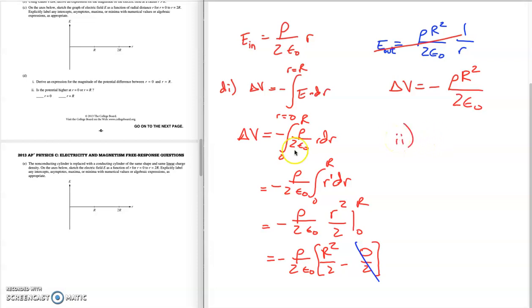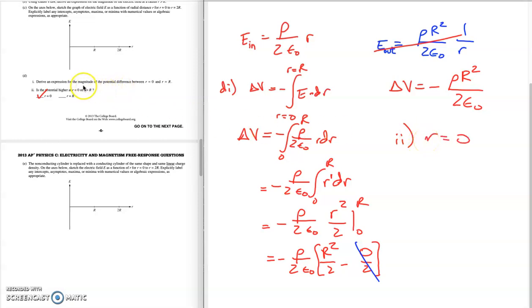Which is relevant in part 2, where they ask which place is at a higher potential, r equals 0 or little r equals the big R. Well, since we have a negative here, and we were moving from 0 to R, this indicates that we went downhill. So since we went downhill, r equals 0 is at a higher potential. It's very nice that they didn't say justify your answer. I think the point is by doing part 1, you've justified your answer. So r equals 0.